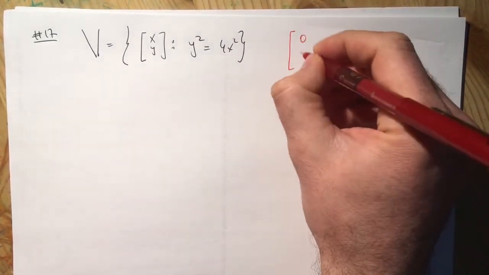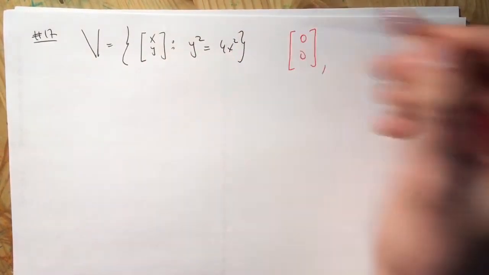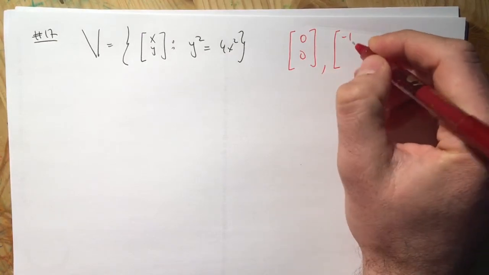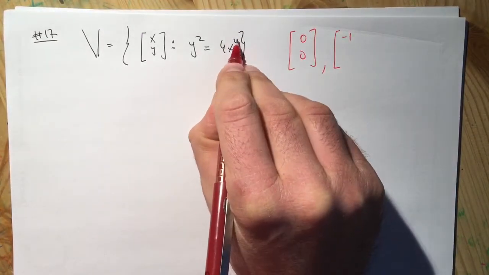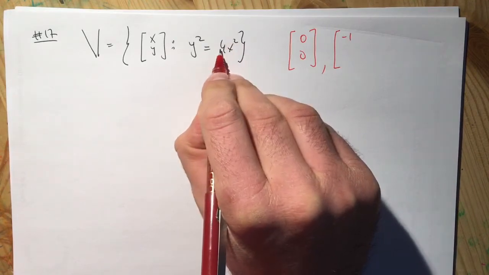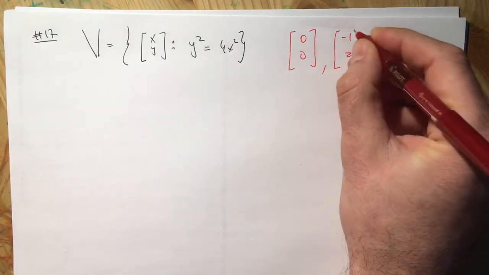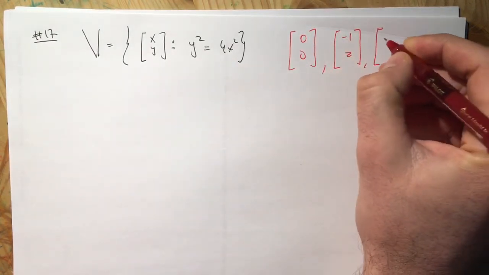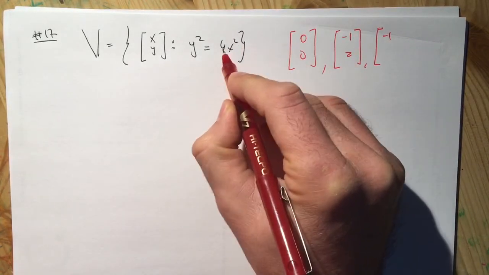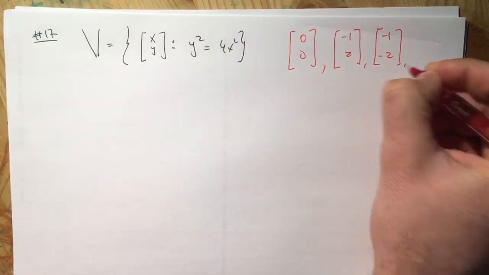Okay, so for example, (0, 0) is in this set, because 0 squared is equal to 4 times 0 squared. What else? If you take -1 for x, -1 squared is 1 times 4 is 4, so y squared is equal to 4. That means y is 2. But also if you take -1 for x, the square root of 4 is also -2.